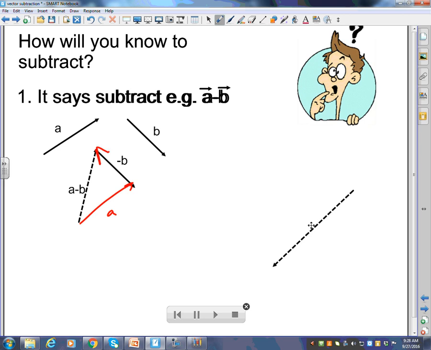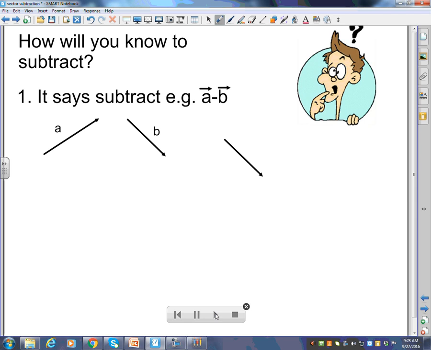What's this one over here supposed to be all about? So A stays the same. Let me just play this all again here. A stays the same. How come B gets flipped? Because that's the one you're subtracting, right? A minus B, opposite direction.